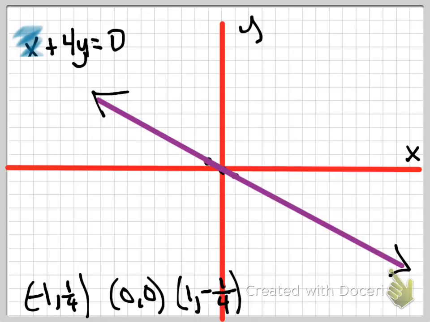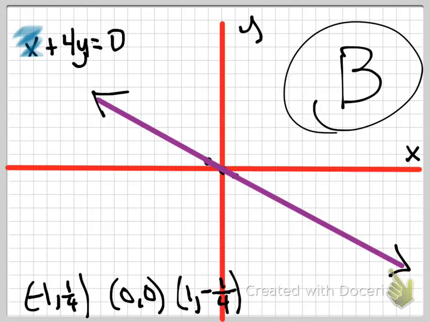Now if we look at the pictures, A, B, C, or D, A is angled upward, it cannot be A. D is angled upward, pointed up, cannot be D. So if you look at B and C, clearly the only one that could be is B. So in all of these, you're going to use a table of values, then plot the points, and choose the correct graphical representation.